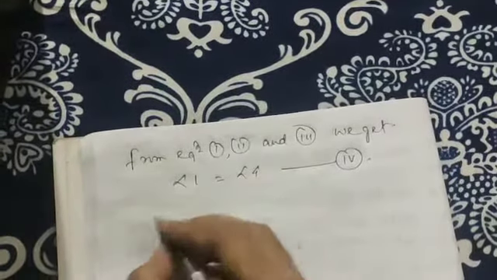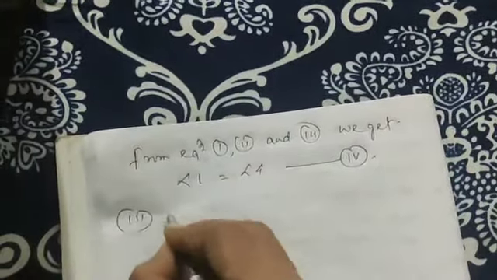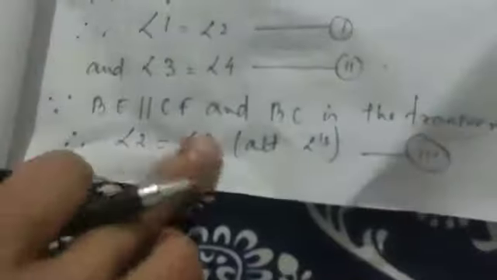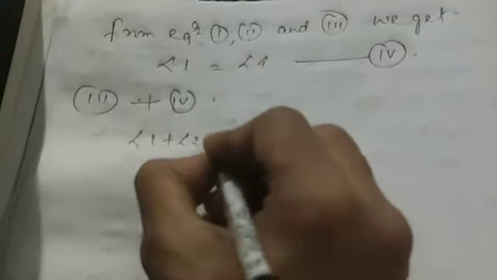Now see, let us add equations 3 and 4. The left hand side of equation 3 is angle 2, and the left hand side of equation 4 is angle 1, so angle 1 plus angle 2.